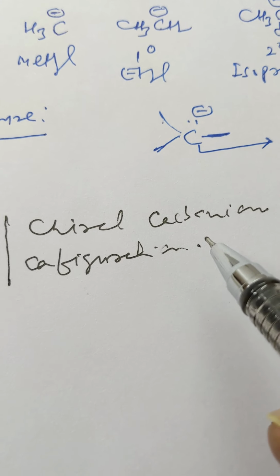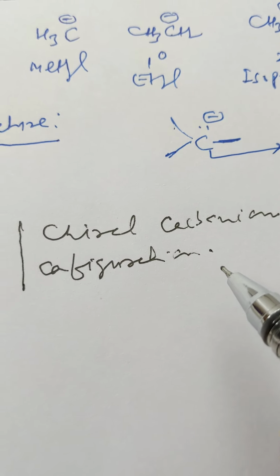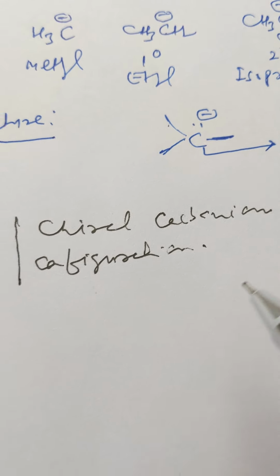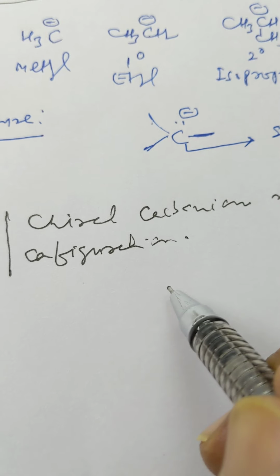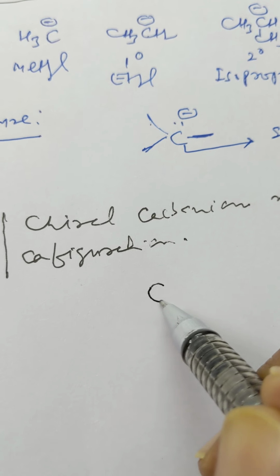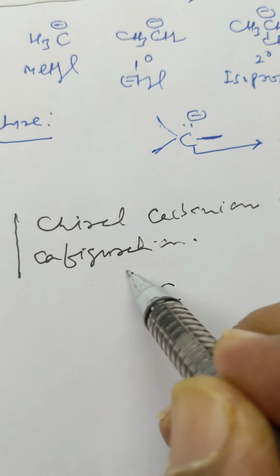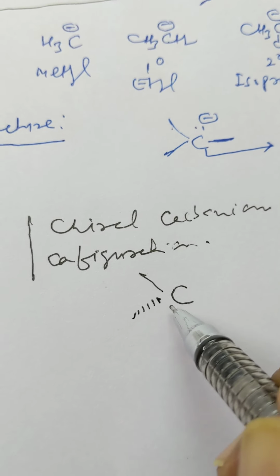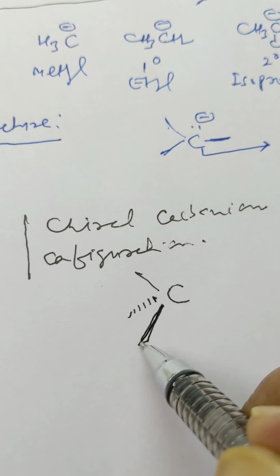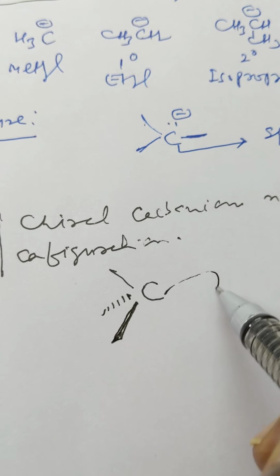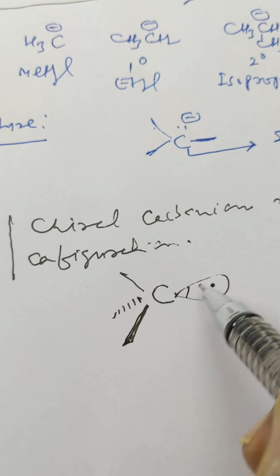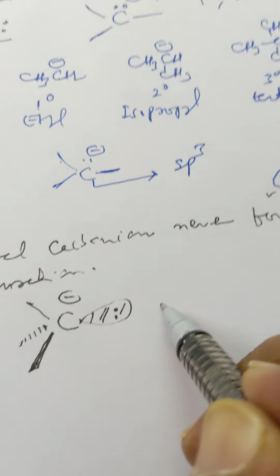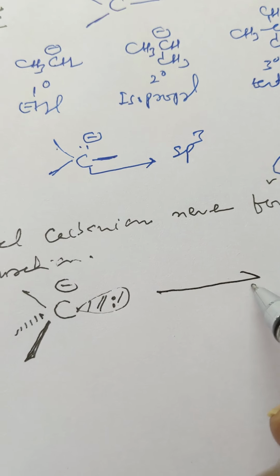It is because unshared pair and a central carbon rapidly oscillates from one side to another, like this. See, now this is applicable only on chiral carbon. Let me try to draw this. See, it is this carbon. It is having 3 bonds like this, and because we are showing chiral carbon, and this is unshared electron pair, and this is the negative charge. Why it will not form is that it will undergo rapid interconversion.